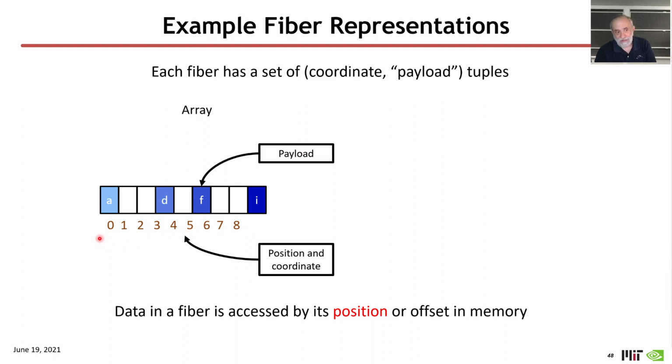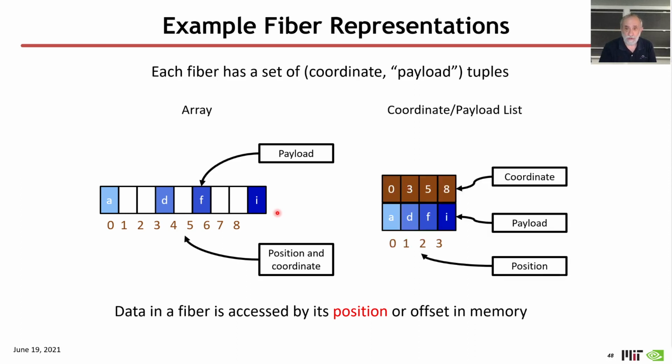And in fact, the interesting aspect of this representation is that each coordinate also corresponds to its location or position in the array. And so in that case, it's very easy to find a coordinate by just accessing the data at a particular position in the array.